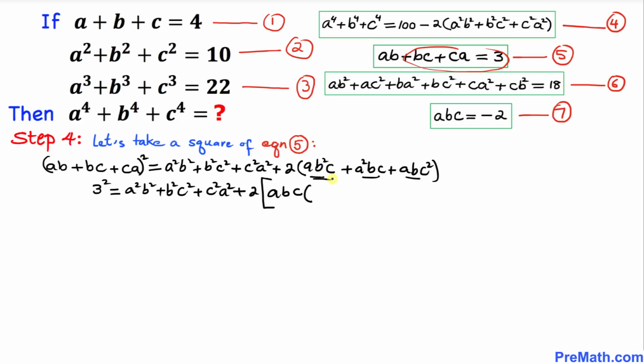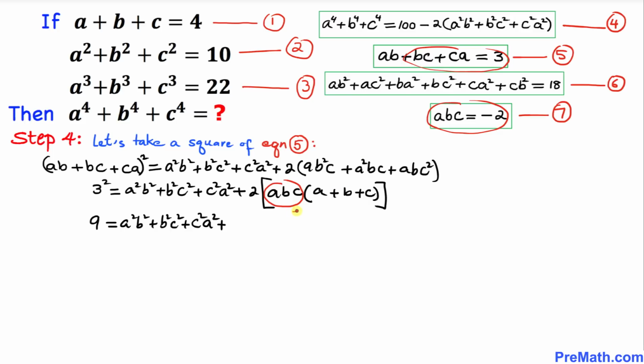If we bring ABC outside, we got A plus B plus C. So the left hand side becomes 9 equal to A square B square plus B square C square plus C square A square plus, over here as we can see, we know our ABC from equation number 7.